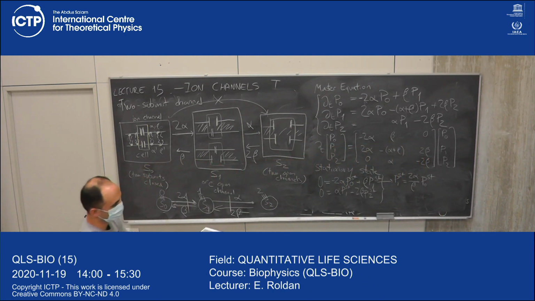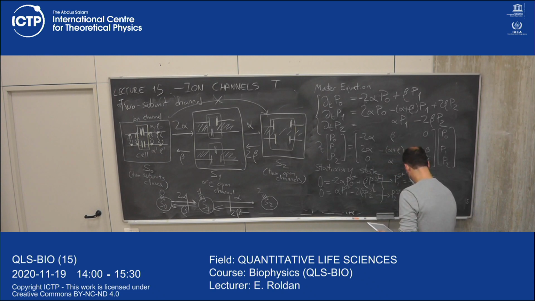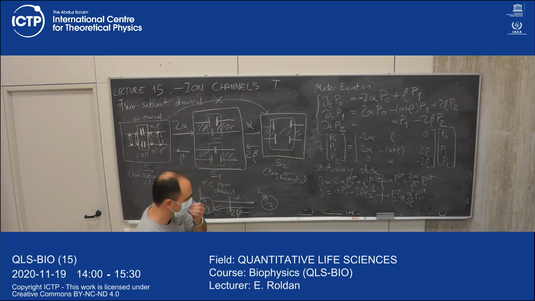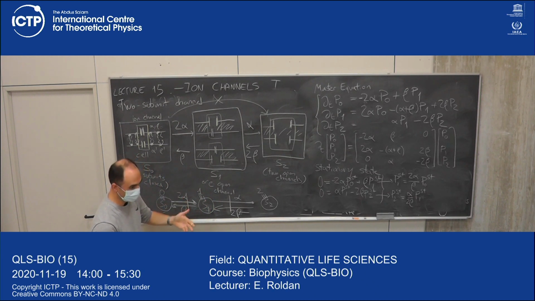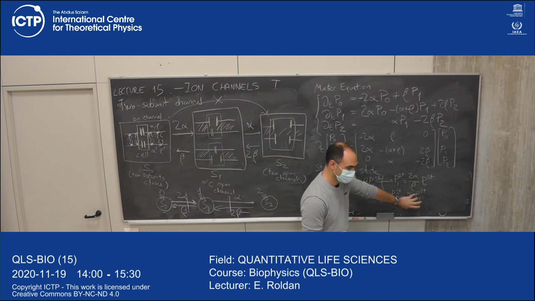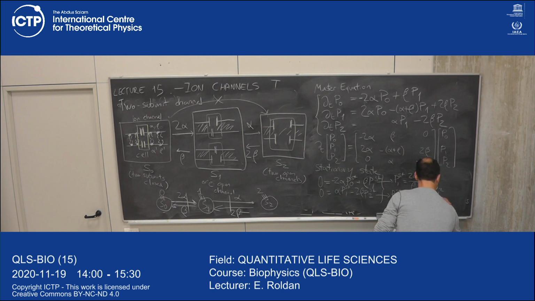Fine, easy, no? And in the second, I get that P2 stationary is alpha divided by 2 beta, P1 stationary. The first relates 1 to 0, and the second 2 to 1. But I can take the first relation and put it here. P1 is 2 alpha over beta P0. So this will be alpha squared divided by beta squared, P0.